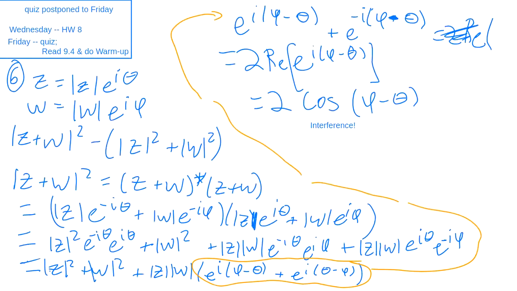So you can go from 0, because if z and w are the same size, you get 2 times the modulus of z squared plus the modulus of w squared. Let's say the modulus of each of them is 1. So you get 1 plus 1, and then this term right here could vary from +2 to -2, if these are both 1 in my example. So you end up going from 0 to 4.